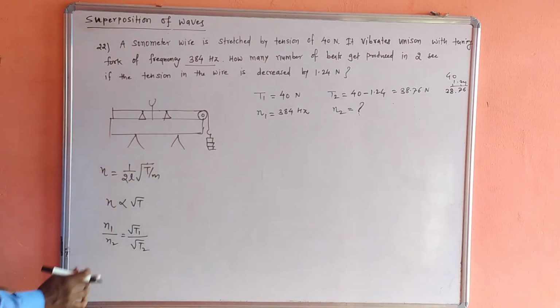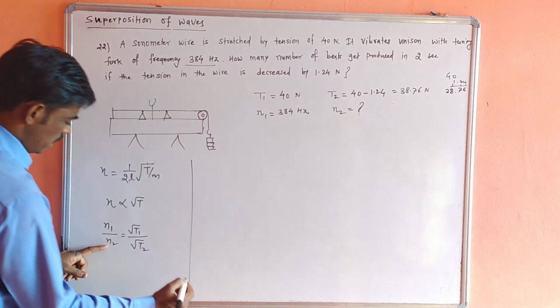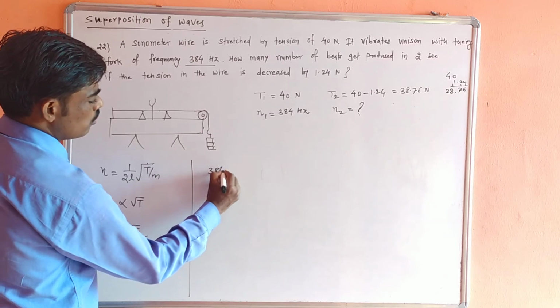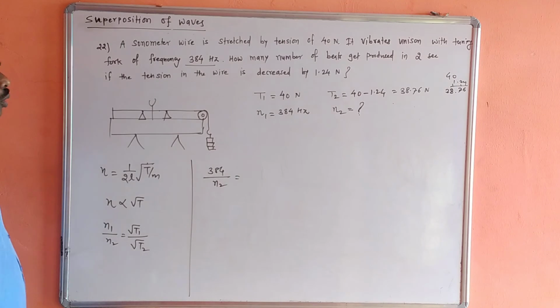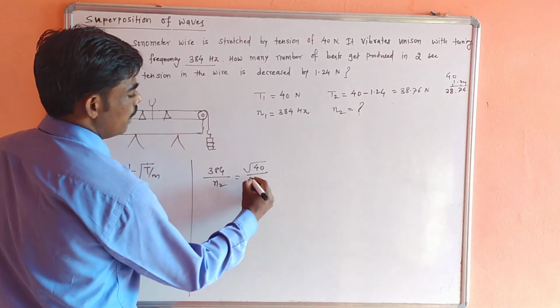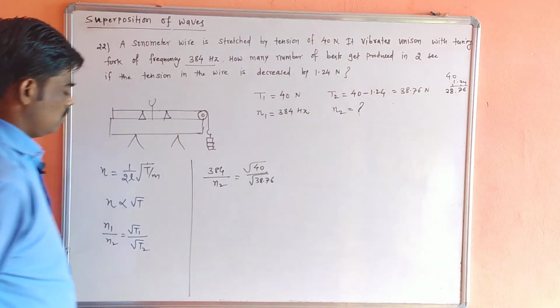So we have to solve this for N2. N1 is given to you, 384, N2 is unknown, that we have to find out. Root T1 means root 40 and root T2 is root 38.76.